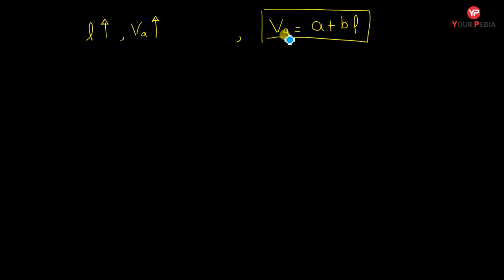Remember that here A is in subscript. Here A and B are constants. If somebody asks you the units of A and B, you can assume that any equation is valid if the units on the left side and the right side match. The unit on the left side is volt, so the unit of A must be volt.